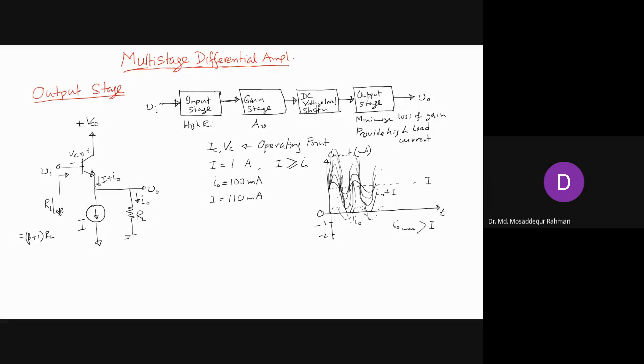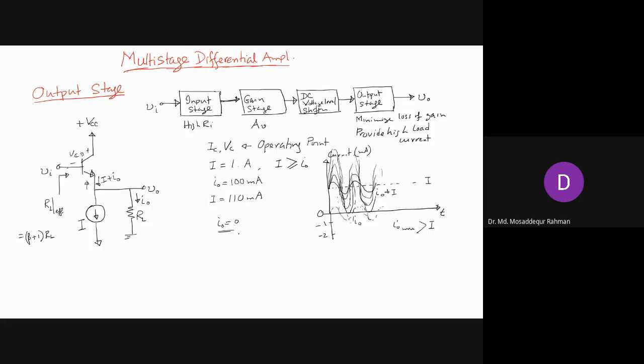Negative means that it has to flow in the opposite direction, right? But we know that in the transistor, the current cannot flow in this direction. This arrow indicates that current has to flow in this direction. And whenever it tries to flow in the opposite direction, the transistor will turn off. It will go into cutoff, and the I naught will be zero at that time. It cannot go negative, right?